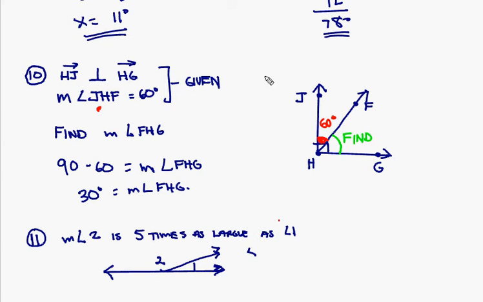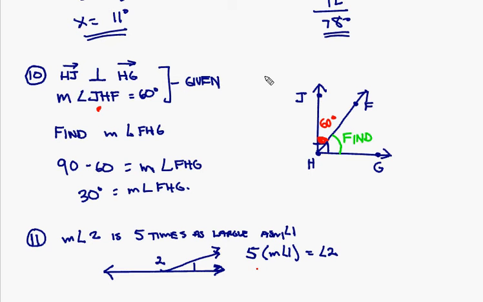Okay, and in problem number 11, it states that the measure of angle 2 is 5 times as large as the measure of angle 1. Okay, so that being the case, we know that if I multiply the measure of angle 1 by 5, it should be the same measure as angle 2.